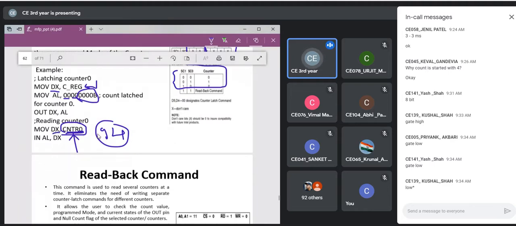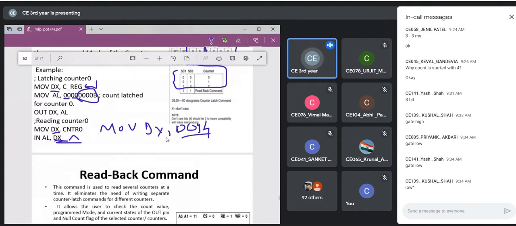Assuming it is 16-bit, that's why we need DX. Otherwise, you can directly write your address in the instruction. But assume counter 0's address is 16-bit; that is stored here, not move actually. This is immediate data, in that way you can say. You can assume this instruction is like move DX, 94, or rather if it is 16-bit, 0094.